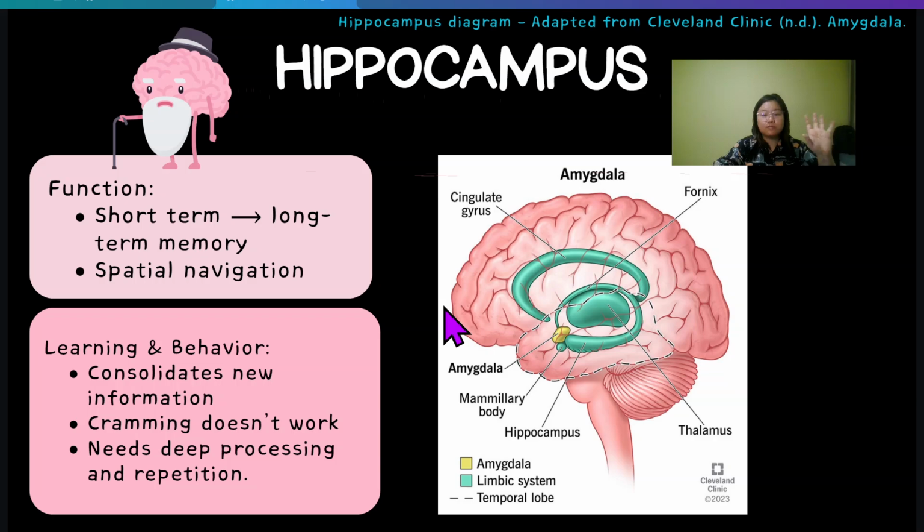If you cram all your knowledge at the last minute, the hippocampus doesn't have time to process everything properly. Students need repetition and they need time to digest. That's why memory needs time and repetition. Okay, and it's controlled by the hippocampus.